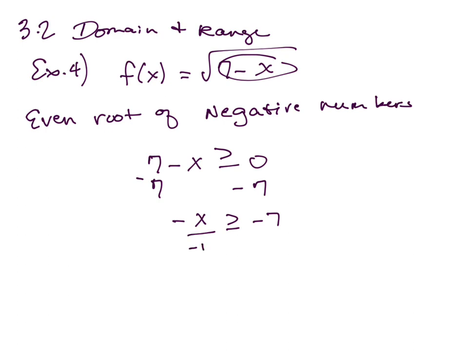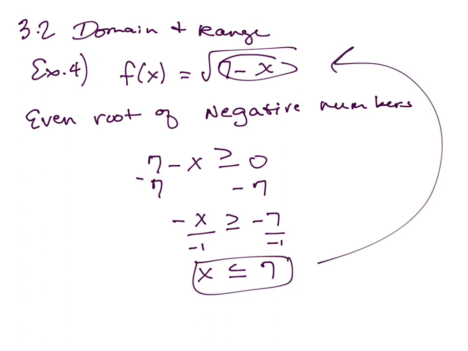We changed the sign by dividing by negative 1 and got x less than or equal to 7. That's the domain of this function. If x is equal to 7, I have 7 minus 7, I get 0, and the square root of 0 is 0.